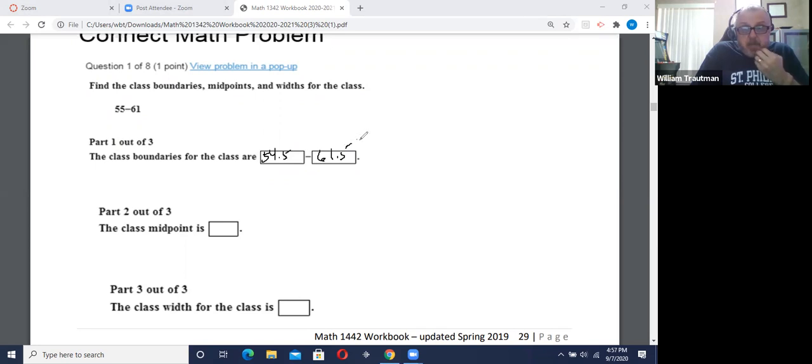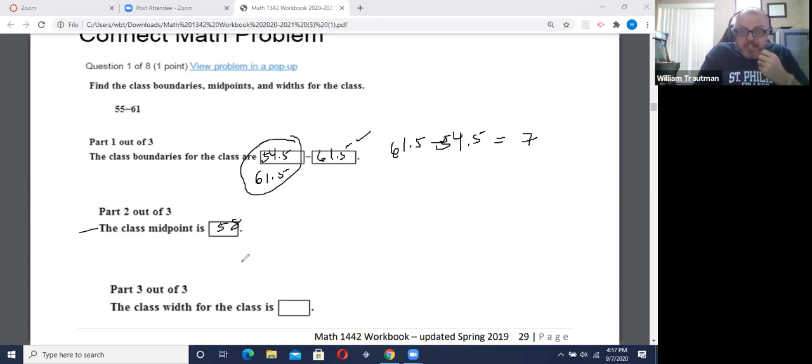If this is the upper boundary of one, then you can do 61.5 as the lower boundary of the next and subtract those two. 61.5 minus 54 is 7. So our midpoint, I believe we said, was 58, and our width is 7.